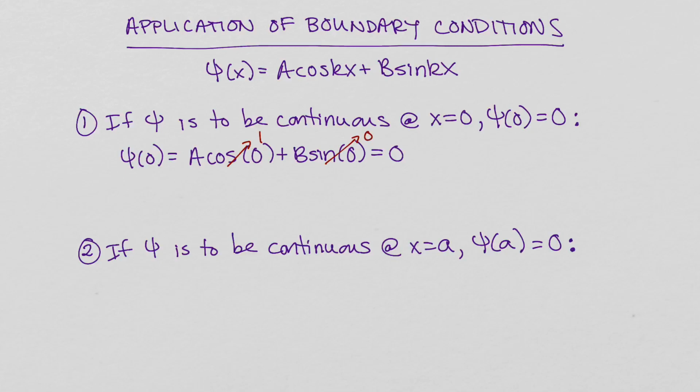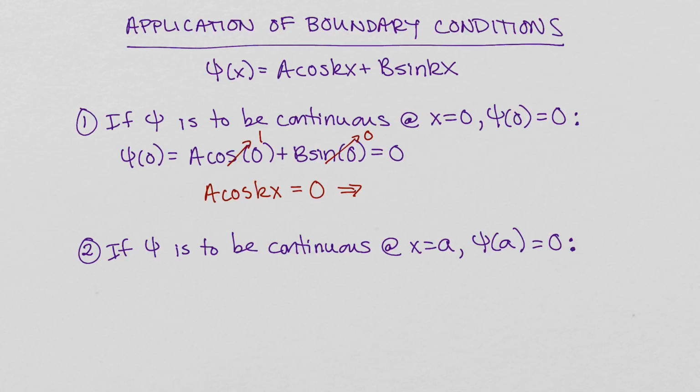So that leads us to the conclusion that a cosine of kx is equal to 0, which then leads us to the conclusion that our coefficient a is equal to 0, because we already know that cosine of 0 is 1. The only way for us to get 0 would be for our coefficient a to be 0. Okay, so there's the result of our first boundary condition.